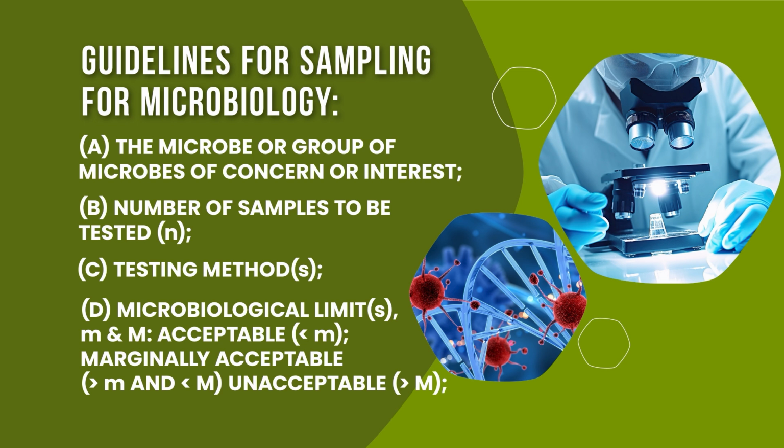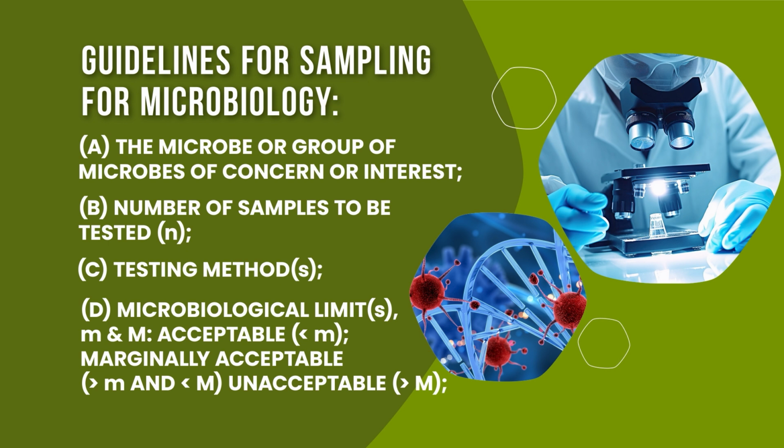As I have already told you, if the attribute is creating hazards which can be fatal, like if certain microbes, if their presence is not allowed at all, can be fatal, that is what is representing capital M. So if it is more than small m but less than capital M, it is marginally acceptable.